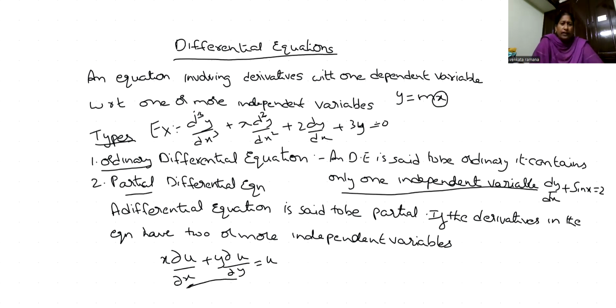Next we will discuss the solutions for differential equations. There are two types of solutions. One is the general solution. Let us consider the differential equation f of x, y, y dash, and so on up to y power n, equal to 0.